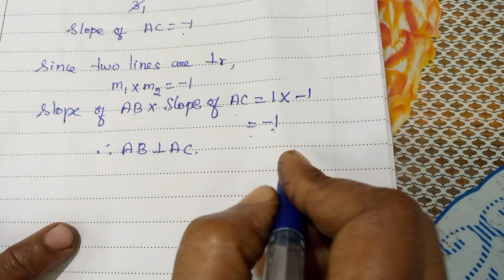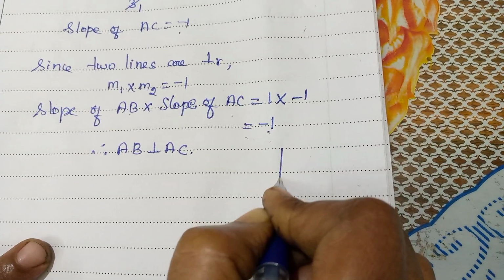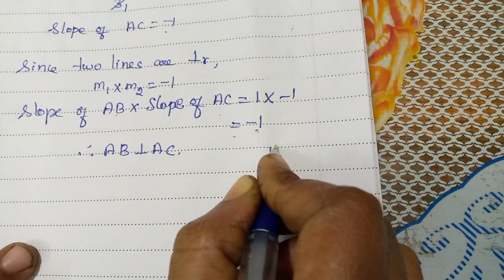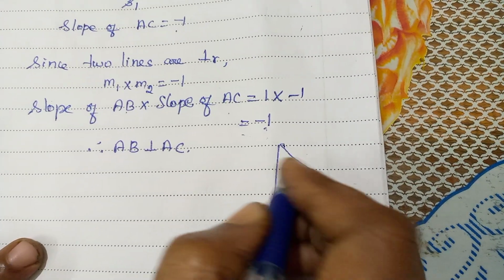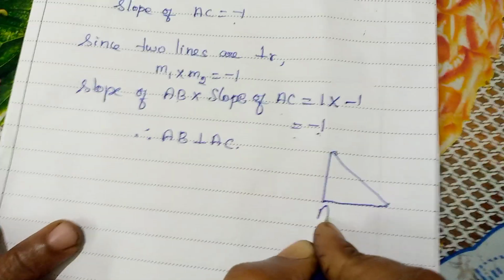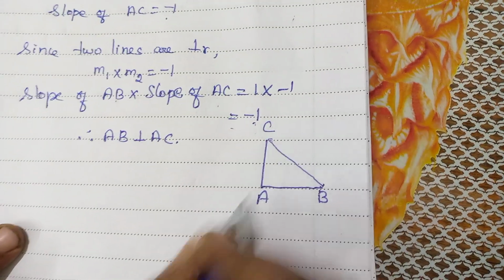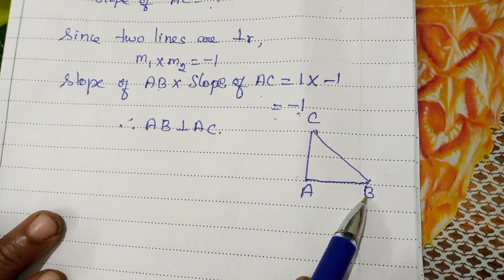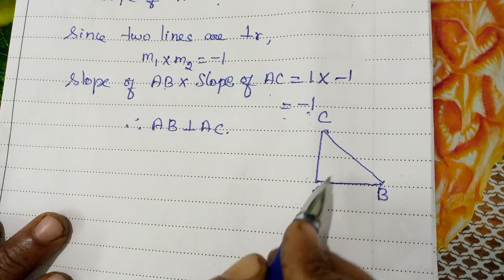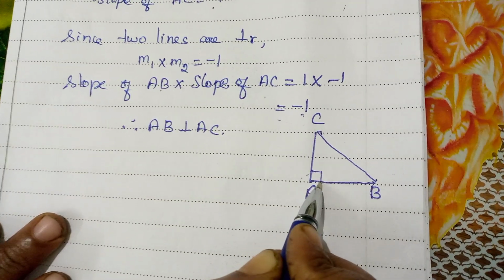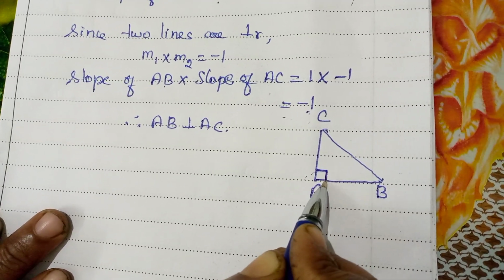By diagram you can understand easily. For understanding, roughly you draw. Name it A, B, C. See, AC and AB are perpendicular, isn't it? Perpendicular in the sense this angle A is 90 degrees.